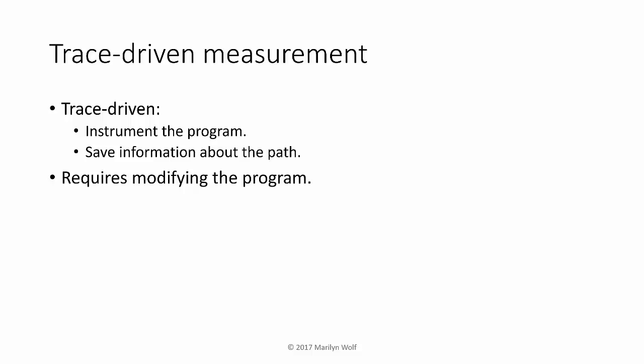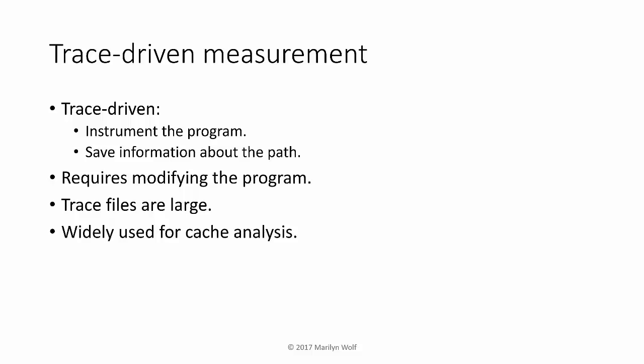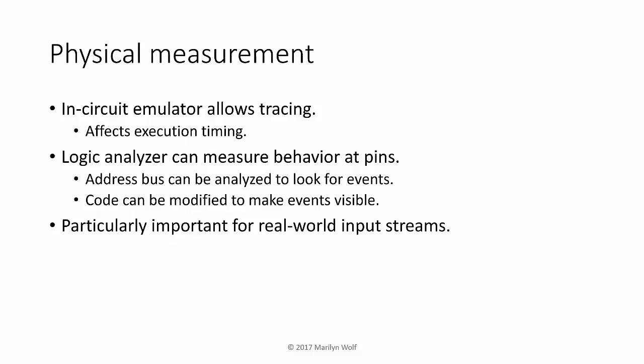These changes do require some modification to the executable program. The trace files generated are large, but given that disks are large and inexpensive today, that's not as big a problem as it used to be. Traces are widely used for cache analysis. They can also be used for some other aspects of performance analysis.